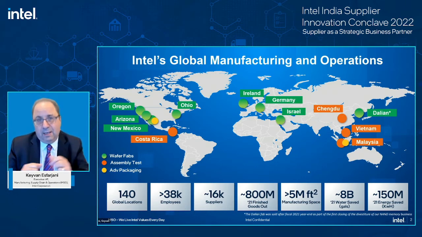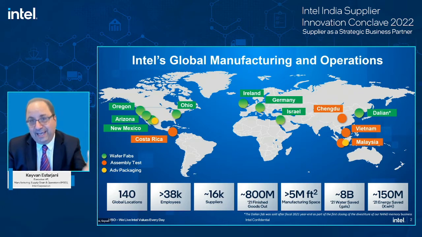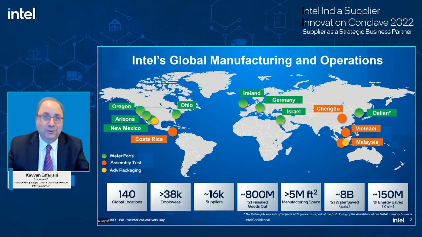And you see the numbers where Intel is the only company doing advanced logic manufacturing that starts from sand all the way to the end solutions. That entire value chain is what Intel drives and owns and basically thrives on. That has been the foundation for Intel's business model for the last 5+ decades. 140+ locations all around the world.